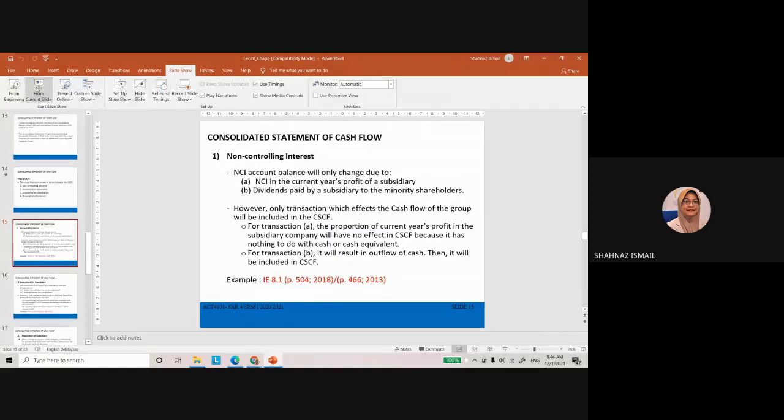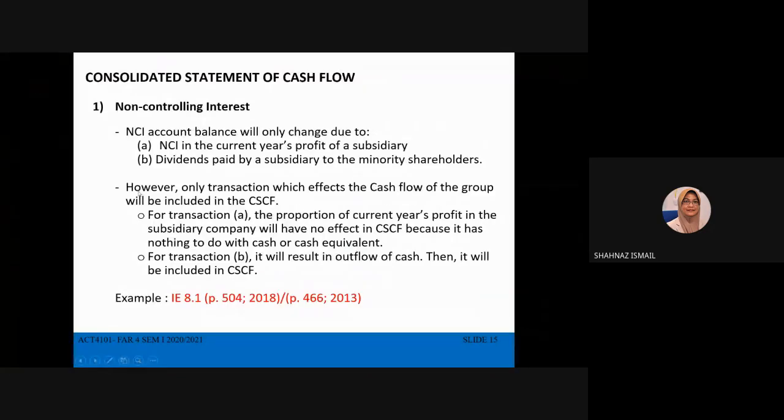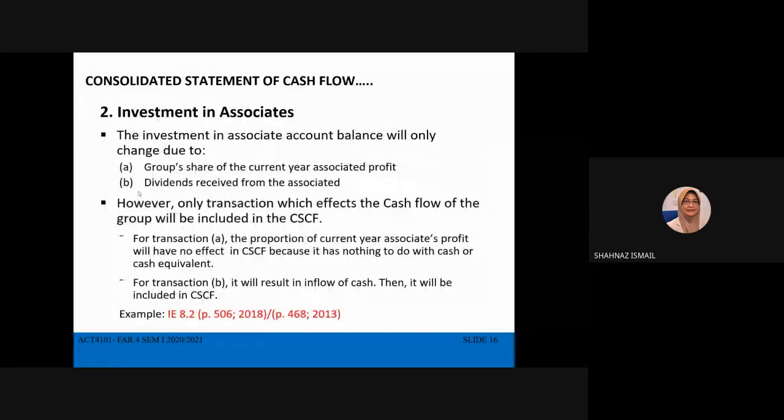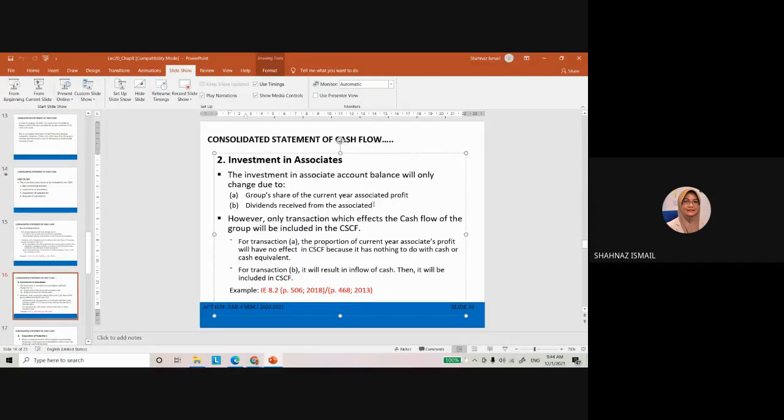Okay. So next, we move to the second item, which is investment in associates. Okay, the investment in associate account balance will only change due to, firstly, group share of the current year's associate profit, and secondly is through the dividends received from the associated company. Okay.